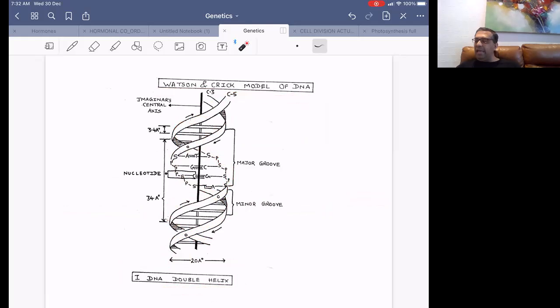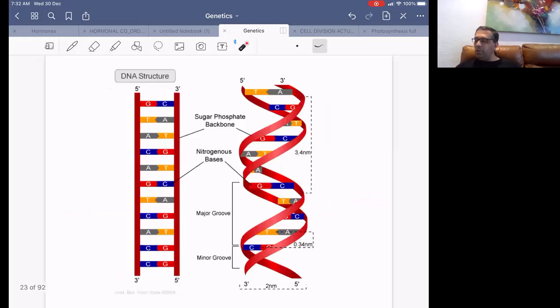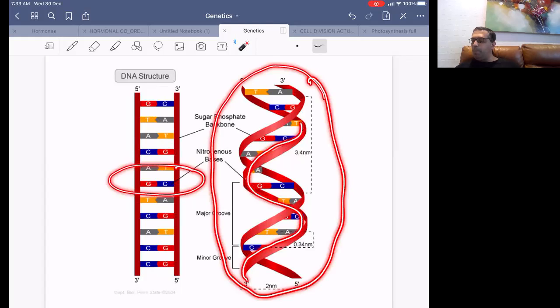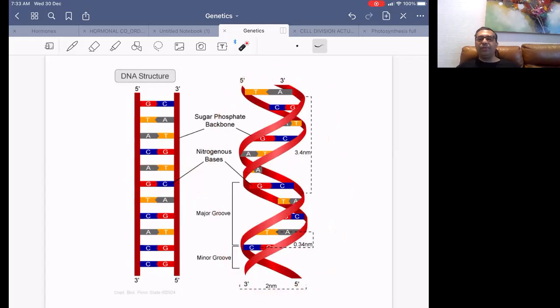What does this DNA consist of? So here we have the chemical composition. This is the chemical composition. And this is the actual three-dimensional model of the DNA consisting of two DNA strands which are spirally twisted. And that spiral twisting, we remember, is called the double helix.